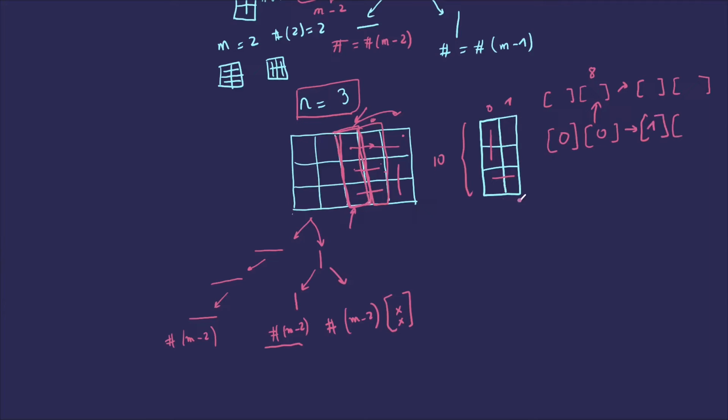Because remember, I have to recall what was the configuration of the next column, because next time I will have to process it. And as you can see here, if we represent this in binary, this will be 0, 0, and this 1. So 100 in binary is 4. So this means that I can transition from column 0 with it being empty to column 1 with it having this configuration. So that would be represented by the state 1, 4.